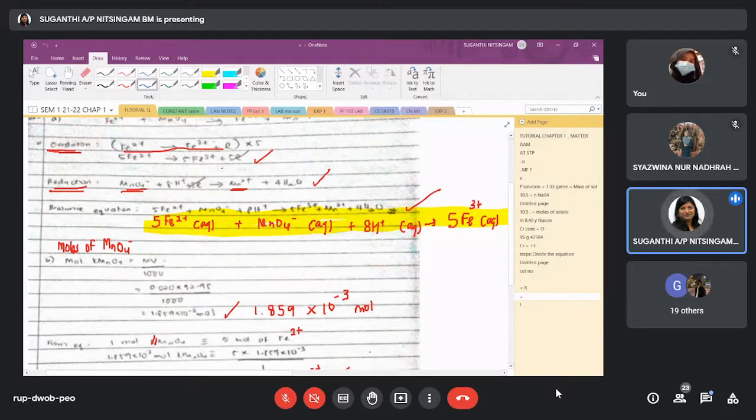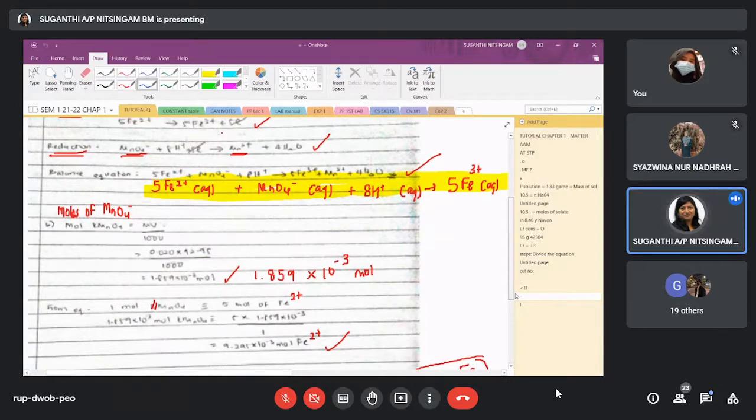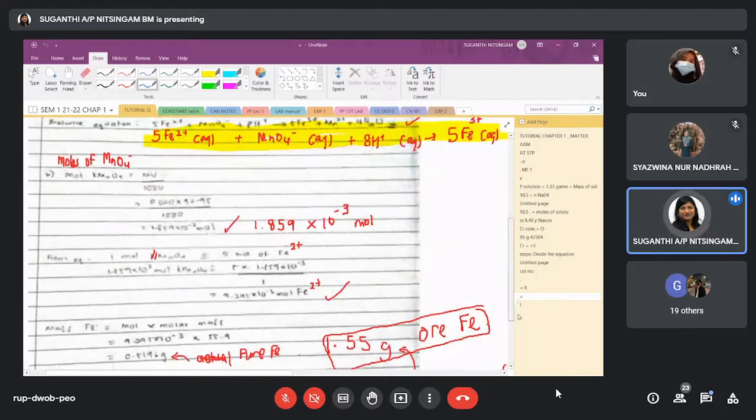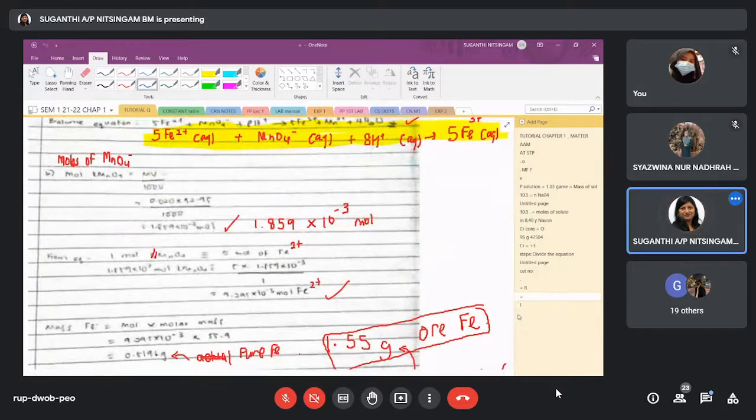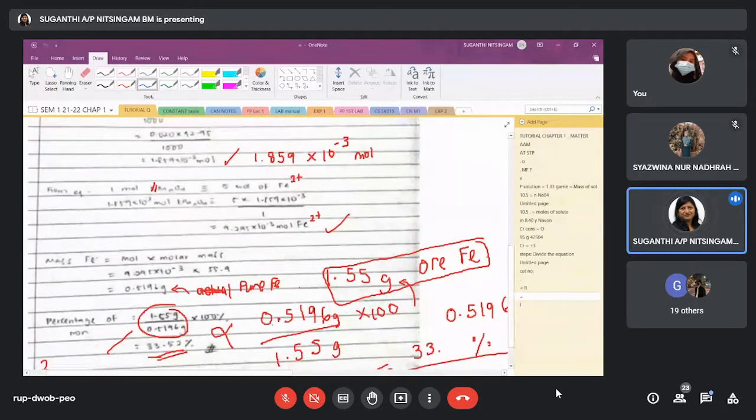So dapatkan mole untuk Fe2+. Dah dapat mole ini, mole ni darab dengan molar mass. Baru dapat mass. Mass ini adalah mass yang tulen untuk Fe. So apa mass yang kita dapat ni, kita akan bahagi dia dengan mass yang tak tulen tadi, times 100. So you get your answer.